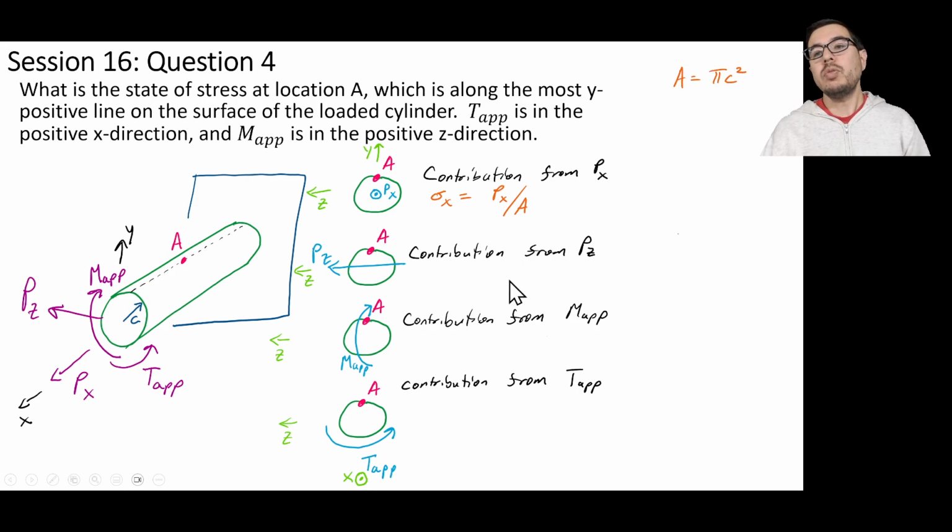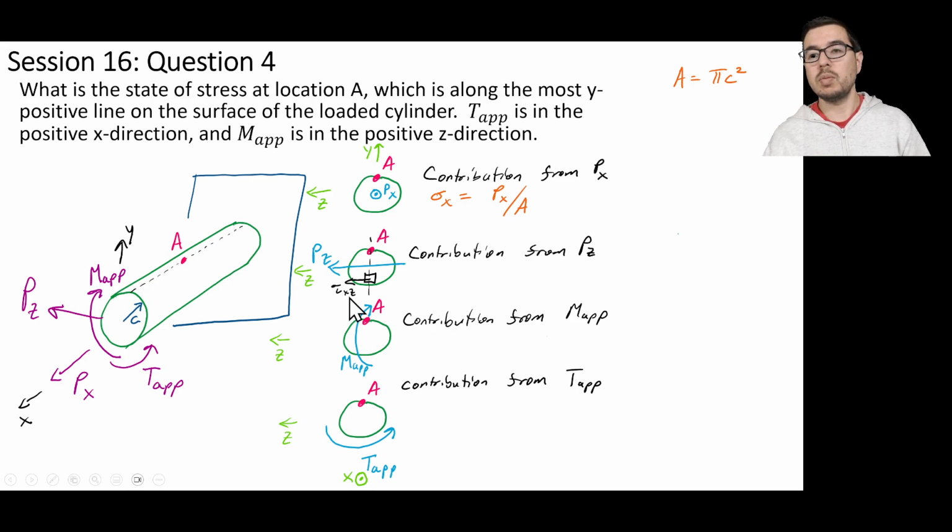For the contribution from PZ, we can recognize that we have a transverse shear force acting across this cross section, and it's acting along the neutral axis, where it will have the highest shear stress.